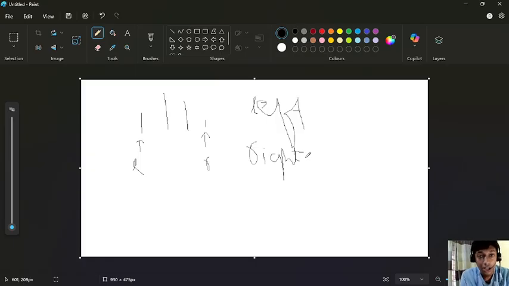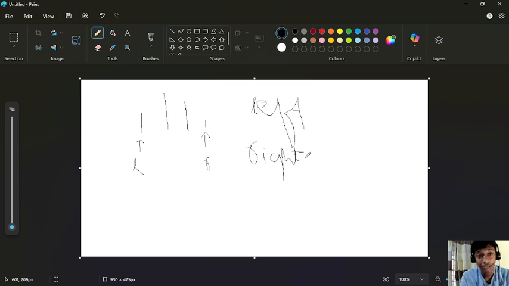So what are we going to do to maximize the height? See, the thing is simple. If the left pole's height is greater than the right pole's height, so the right pole's height is less, what are we going to do? We are going to do right minus minus, so that we will get a better right height.